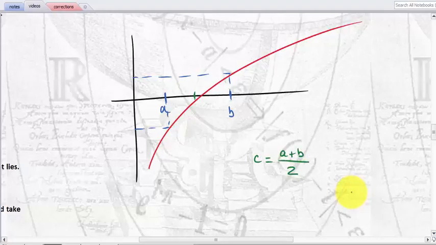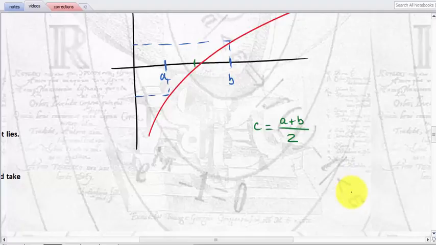And so the next step is to do f of A times f of C. Now, in this case, f of A times f of C would be positive, right? They both have the same sign. Therefore, the solution lies not in AC but in BC.